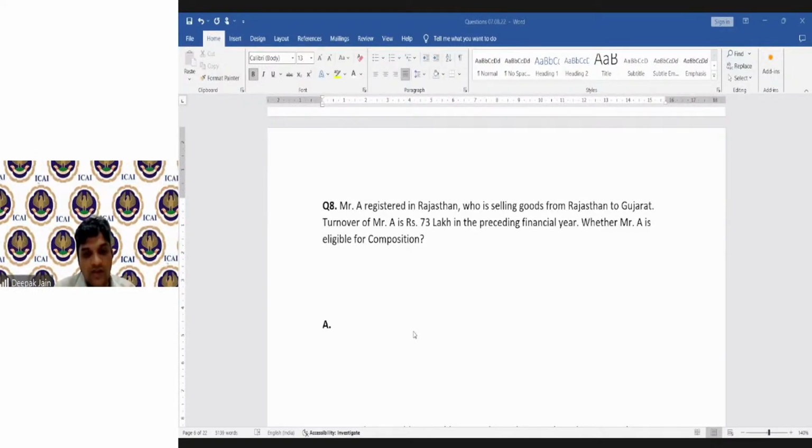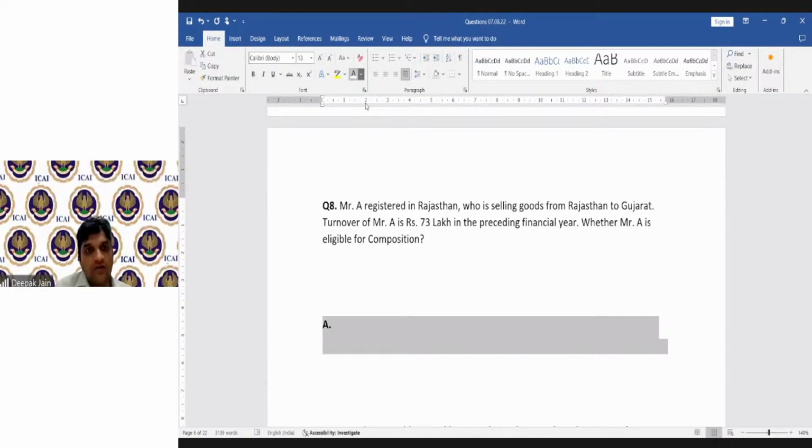Nishtala is saying yes, eligible. Hardik is saying eligible. Ritesh is saying no. Parthasarthi is saying for the eighth one, Mr. A is eligible since turnover is below 1.5 crores. Correct, Sri Lakshmi. Correct, Ram. Correct, Avinash. Okay, so very few wrong answers. Be careful, students.